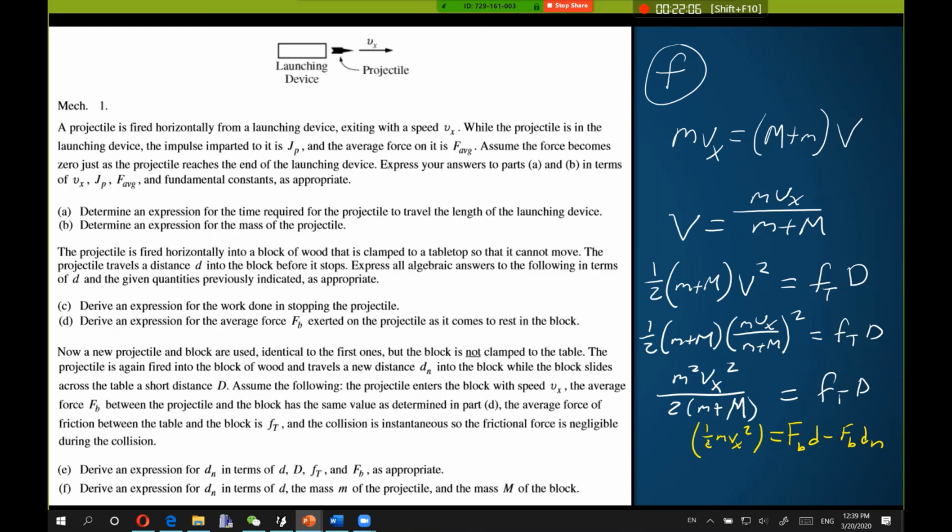If I pull out the 1/2 m v_x squared to get an F_f on this side, I'll be left with an extra m over m plus capital M. Okay, then we can cancel.